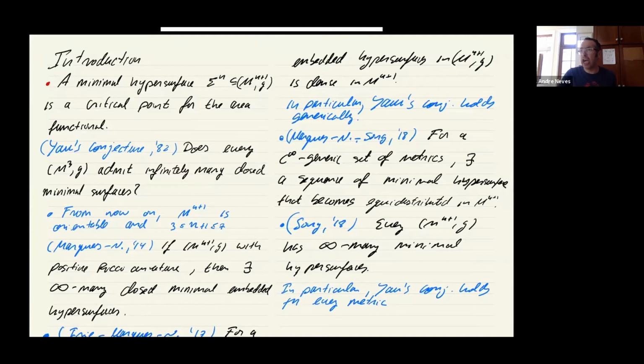And in the early 90s, that was when Franks and Bangert, and then 1 year later, using a different way, Hingston, where they showed that every two-sphere admits infinitely many closed geodesics. So in the geodesics world, there was a period of maybe 80 years from the first result until we were able to prove the existence of infinitely many.